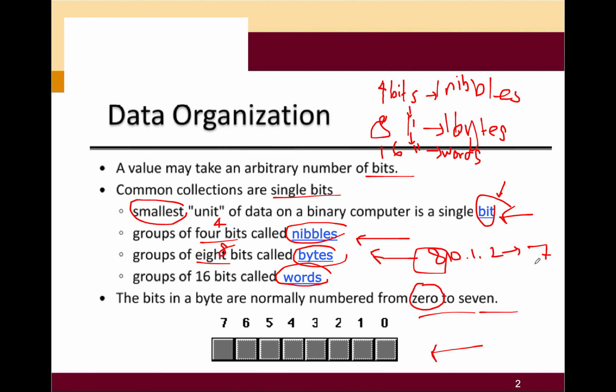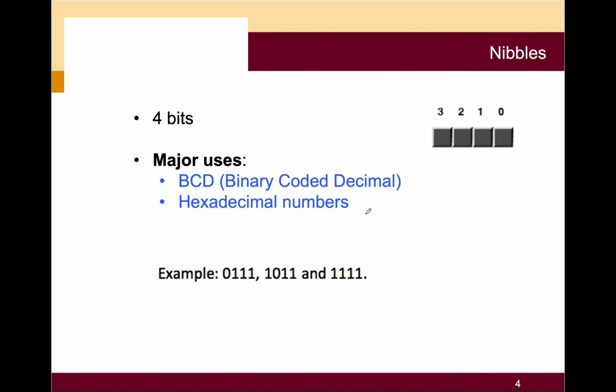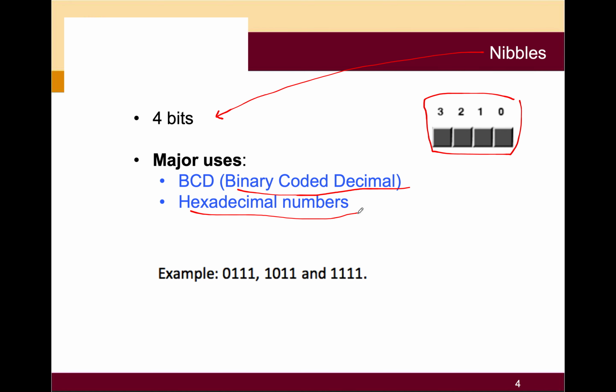Because you already understand bits, the smallest unit, now we first look into nibbles. A nibble contains 4 bits, and it looks like this. Nibbles are normally used in binary coded decimal or BCD, and in hexadecimal numbers.